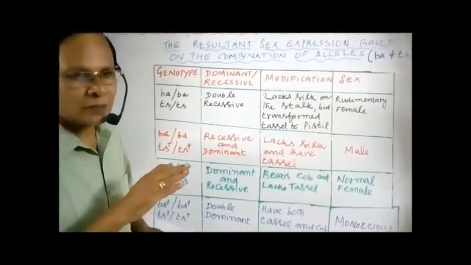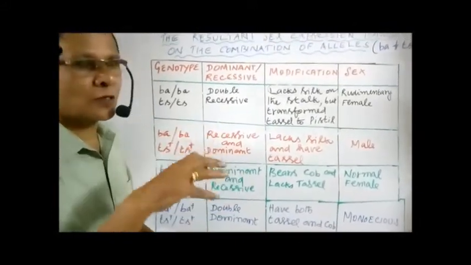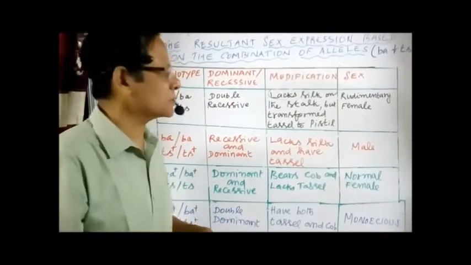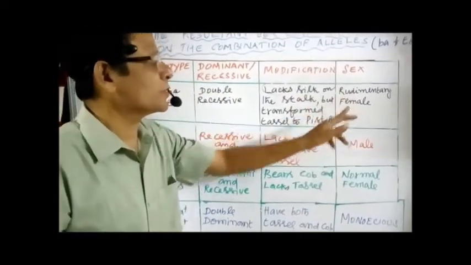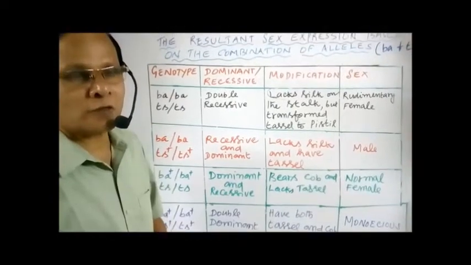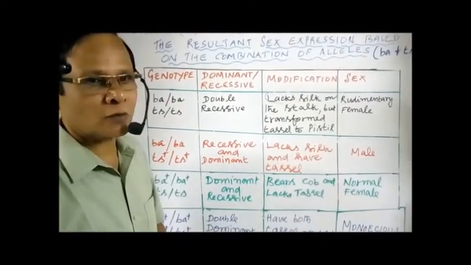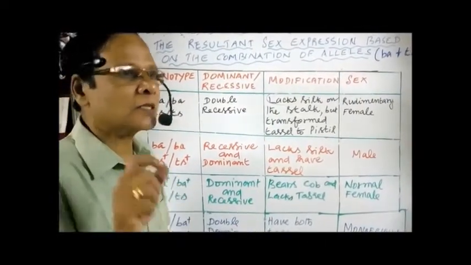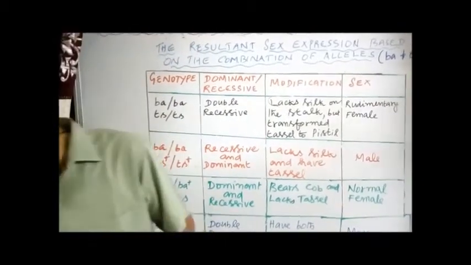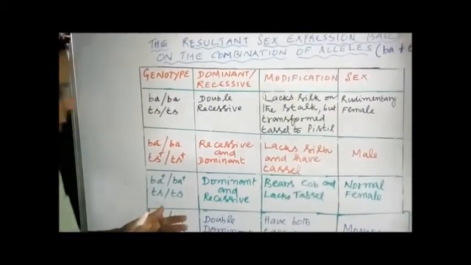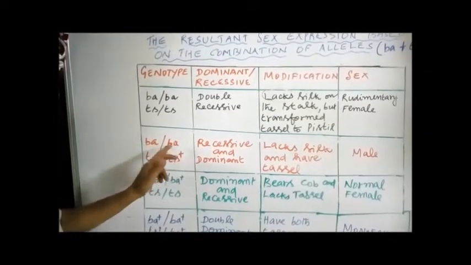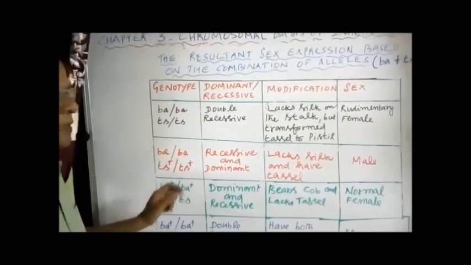The tassel is transformed into pistil, but not fully because of the absence of style or silk. So we have a rudimentary female. The female is not fully developed because of the absence of silk, that is, the style.